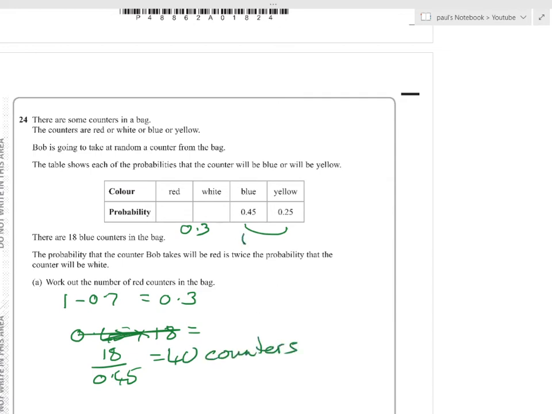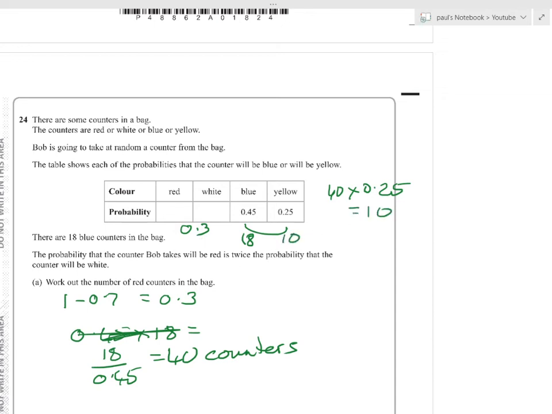So we've got 18 blue, and so I suppose we could work out the yellow. So 40 times 0.25, a quarter of 40, is 10. So we've got 10 yellow.